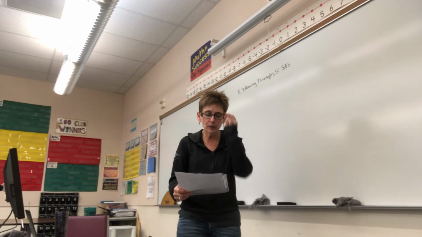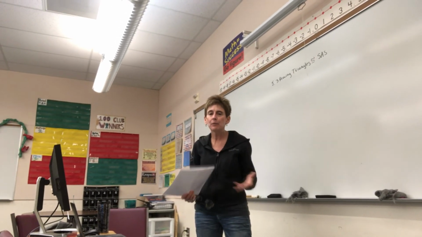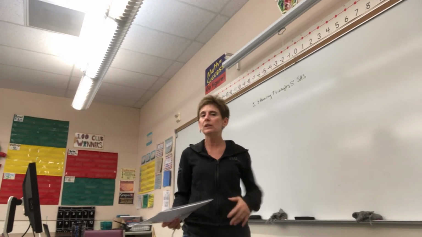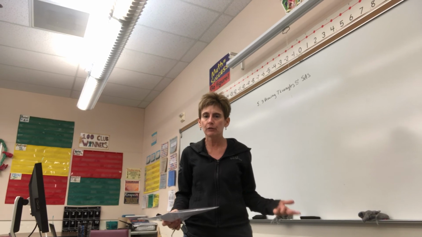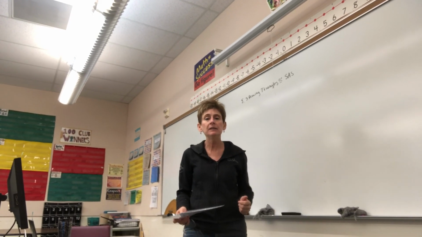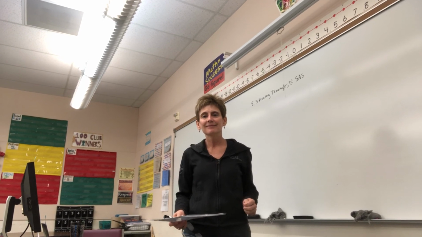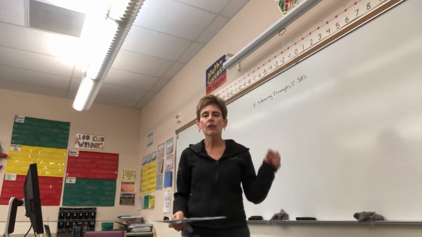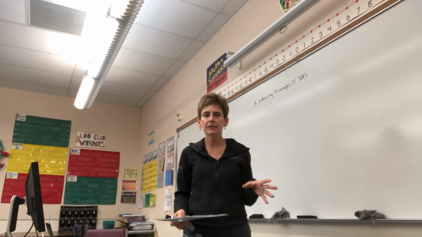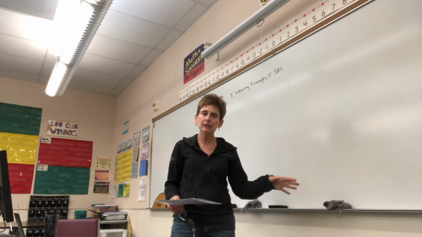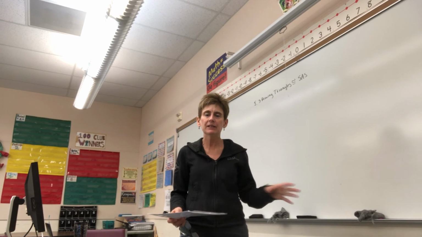Okay, so we did lesson 5.1, and that was just more an introduction to general polygons. What does it mean for two polygons to be congruent? Can you remember what it means for two polygons to be congruent? It means that all corresponding parts of those polygons are congruent. So all the corresponding angles are, and all the corresponding sides are.